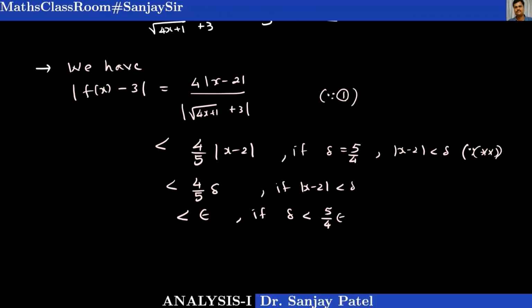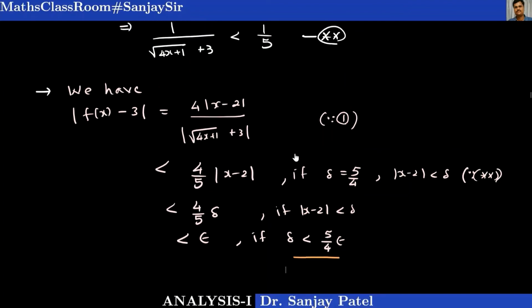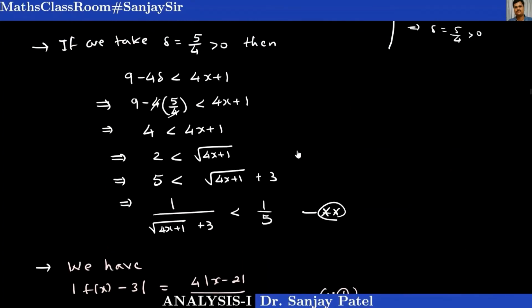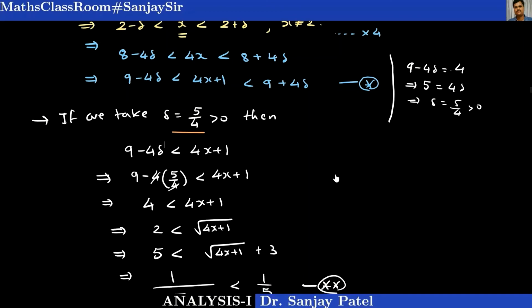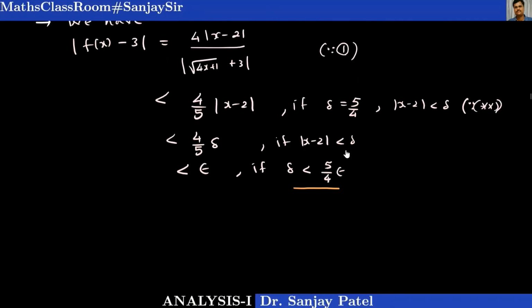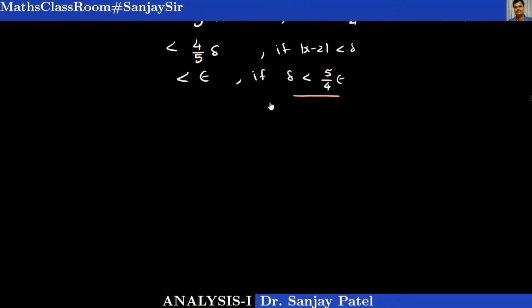Let me highlight this. Say this is one condition. Another condition is delta equal to 5 by 4. Where is it? Yes, delta equal to 5 by 4 is another value of delta, and I want everything to hold simultaneously. So I must choose the minimum of 5 by 4 and 5 by 4 times epsilon.